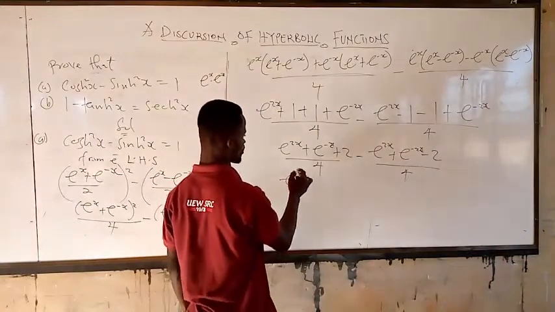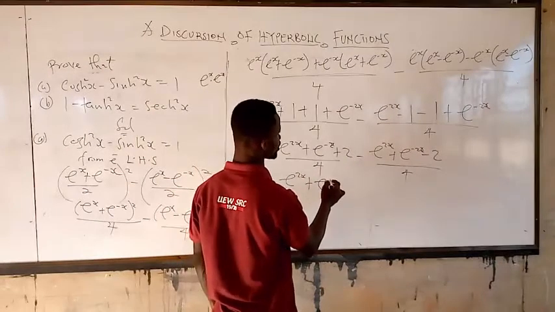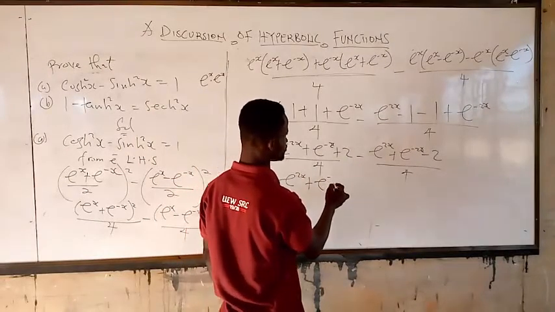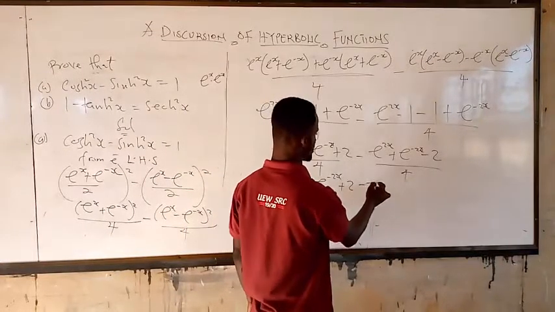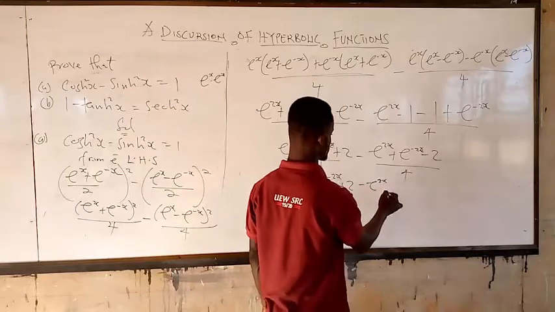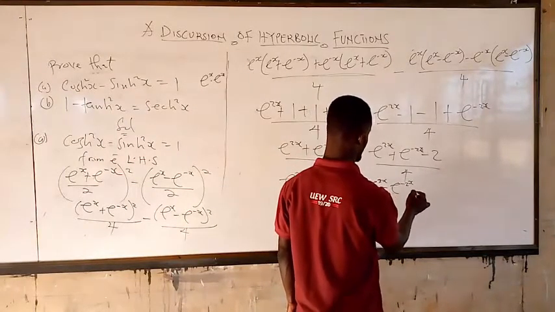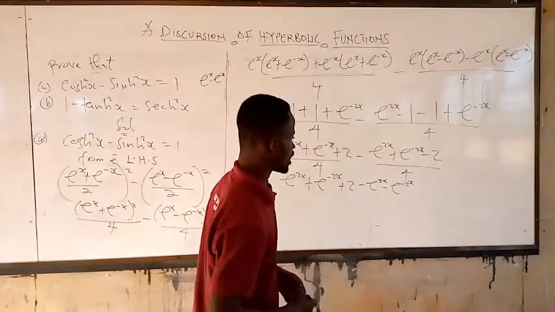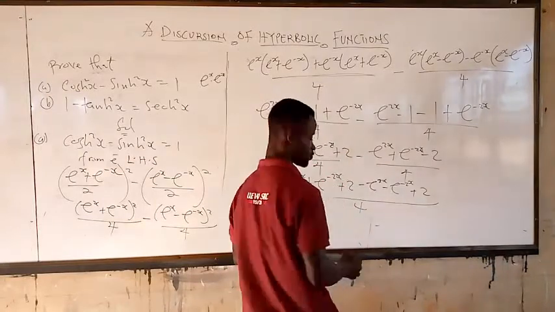So e raised to the power 2s plus e raised to the power negative 2s plus 2 minus e raised to the power 2s minus e raised to the power negative 2s plus 2, all this over 4.